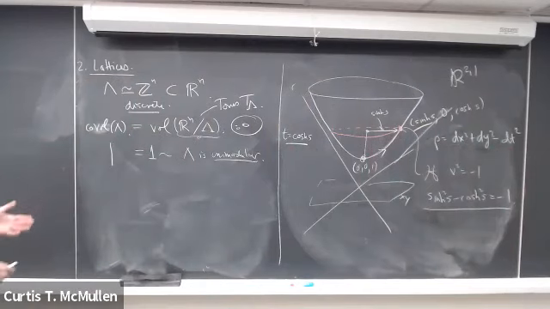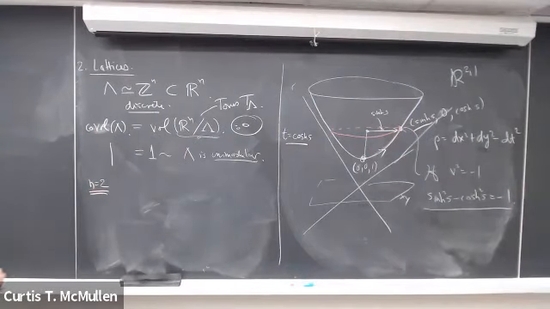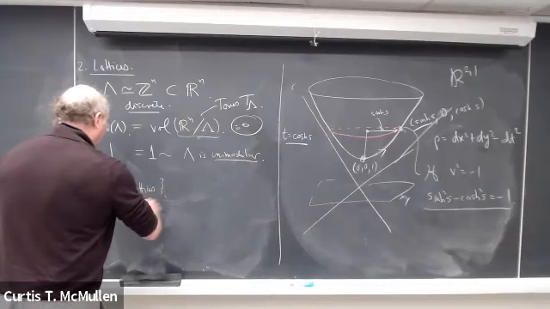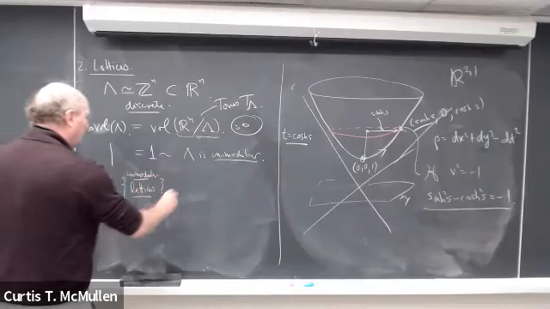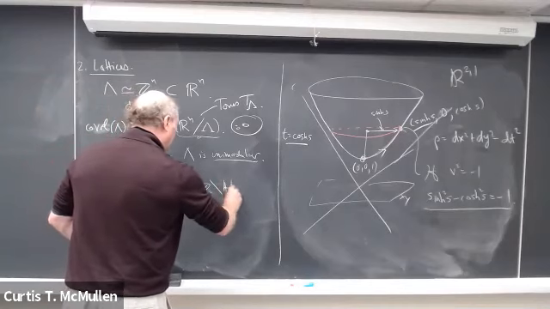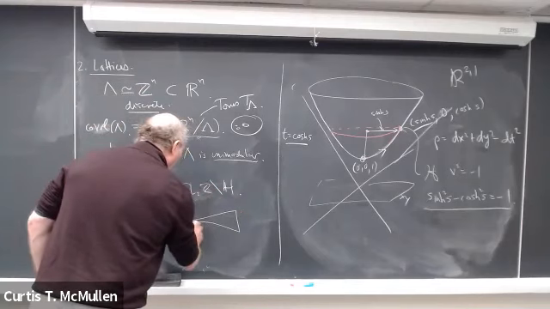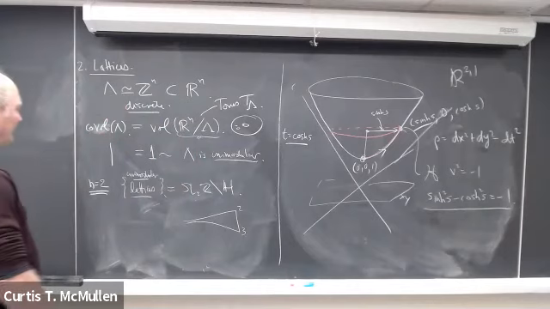And finally, if we were to look at the lattices in the case n equals 2, then it's familiar to us that the set of lattices up to scale, which can be regarded as the set of unimodular lattices, is equal to the quotient of the upper half plane by SL2Z. It's our friend, the modular surface. And so we have a good picture of what the space of all lattices looks like in dimension 2.